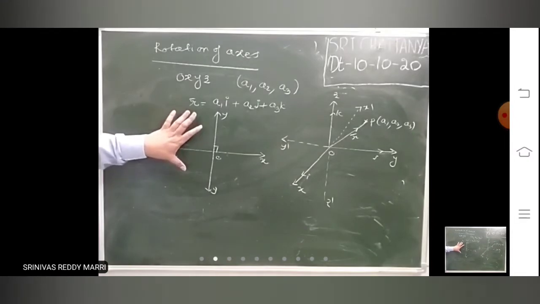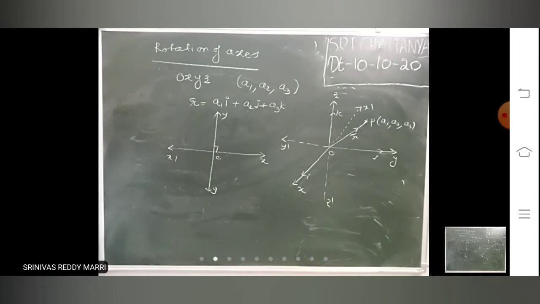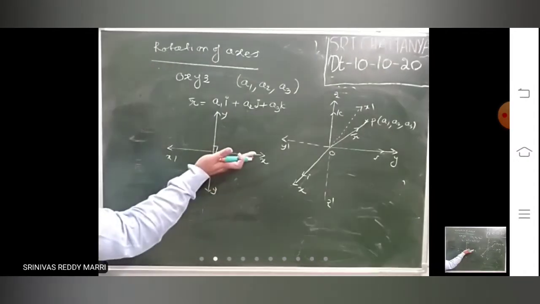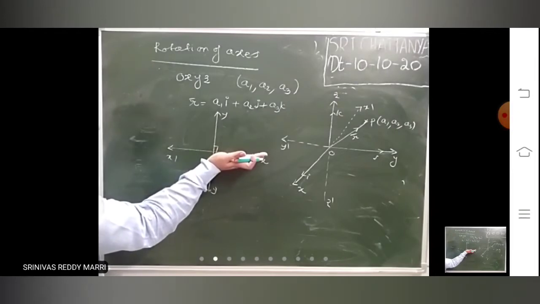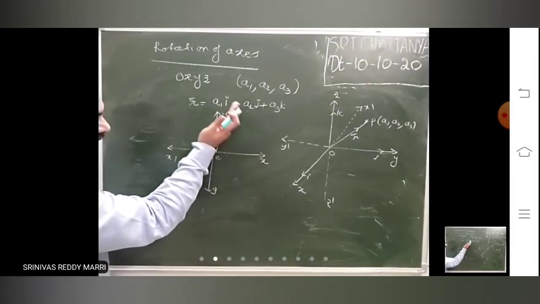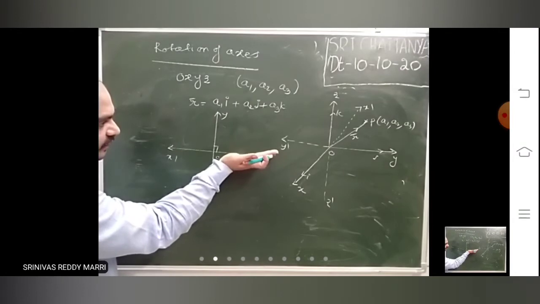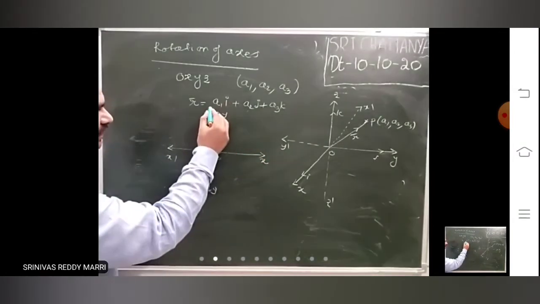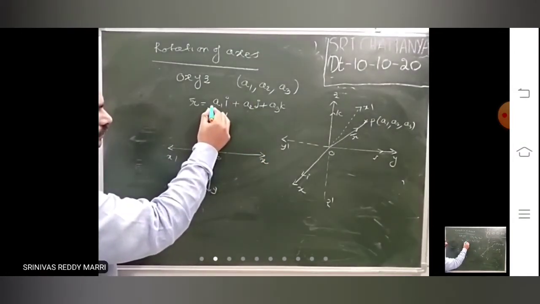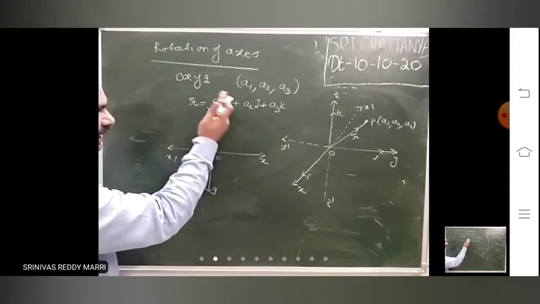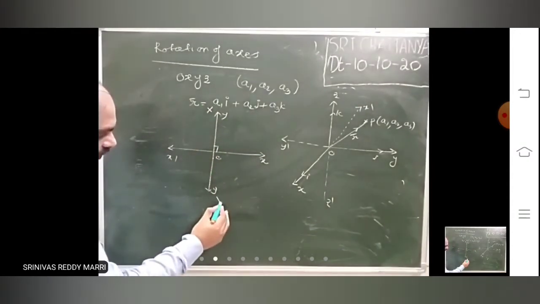Now, without rotating the z-axis, these axes are rotated through an angle of 90 degrees in the anti-clockwise direction. Look at how the axes will be. If this is rotated, the new x-axis will be here. This line will come down.